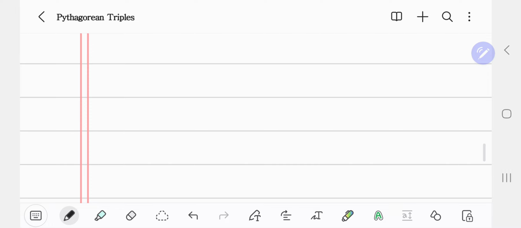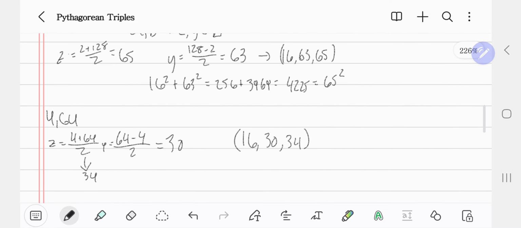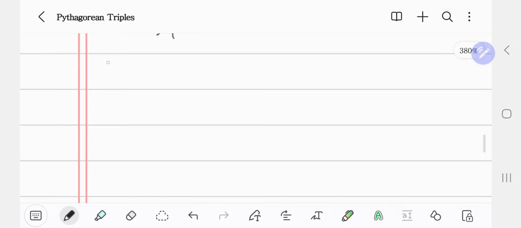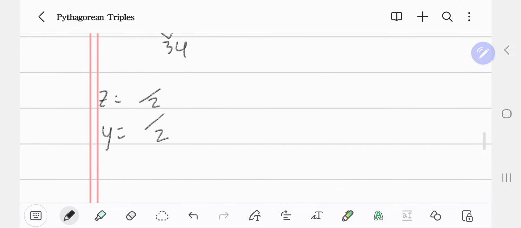Let me go down to a cleaner spot at the bottom and highlight these, and come back to that later. For the last one, same thing, a plus b over 2 with 4 and 64, and then 64 minus 4.